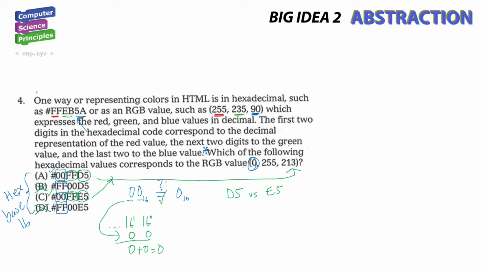When we take a look at this, we don't have a 0, 0 here. Let's just look at D5 to begin with. D5, I'll change this color, is written in hexadecimal, which is base 16. So again, let's put our 16 to the 0, 16 to the 1.